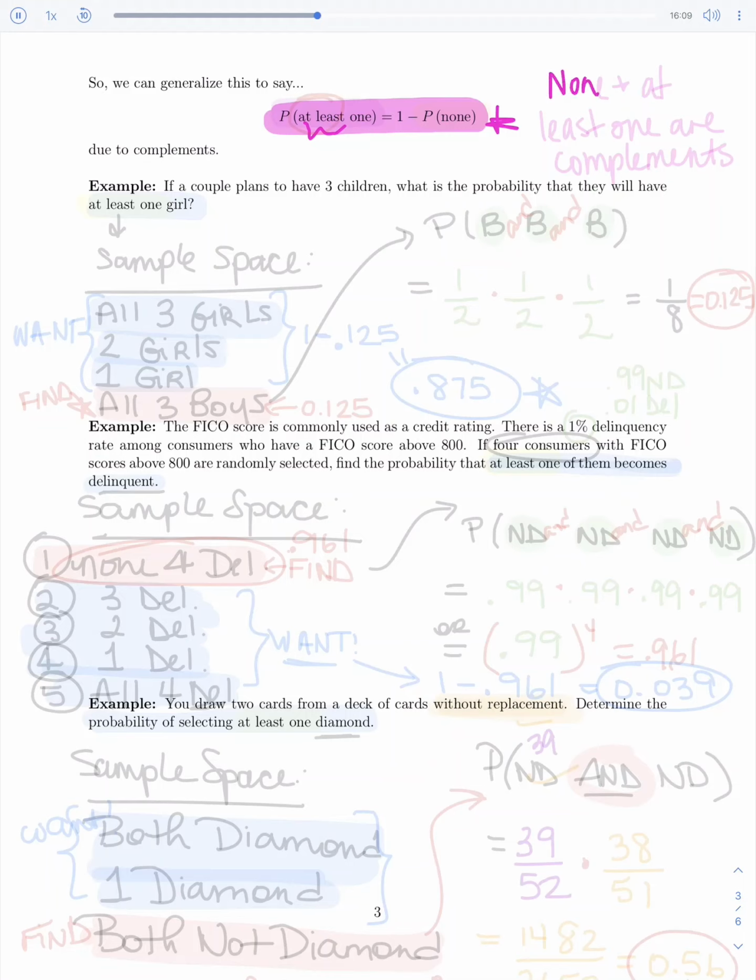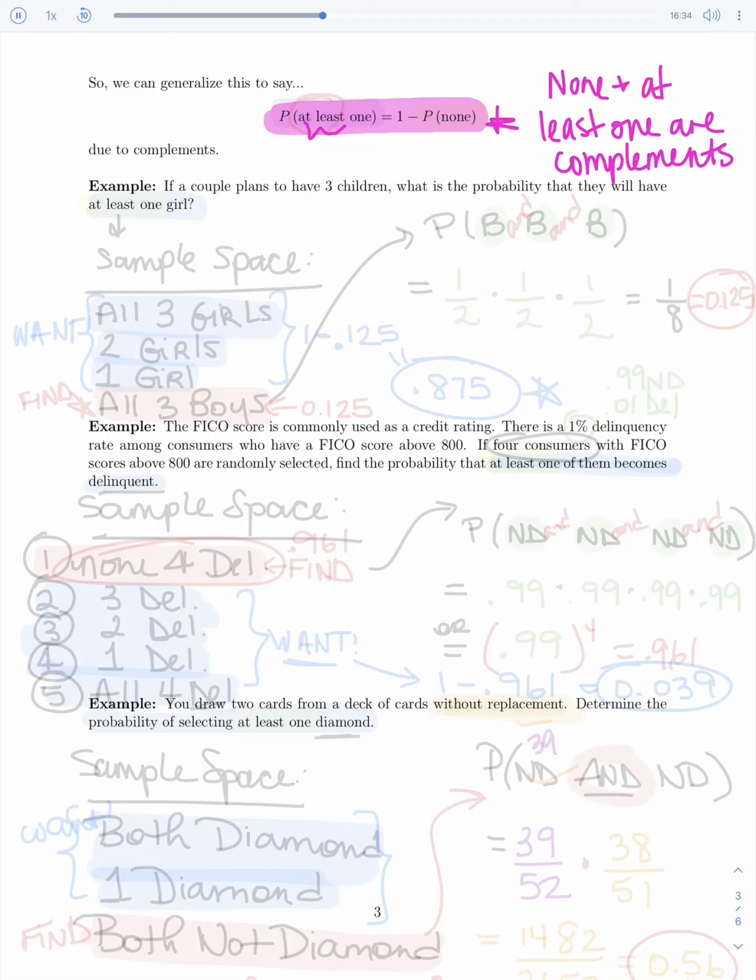So none and at least one are complements, and so their probabilities will add up to 1. Meaning if you're missing one of the two, you can just subtract the one you do have from 1, and that will give you the other one.